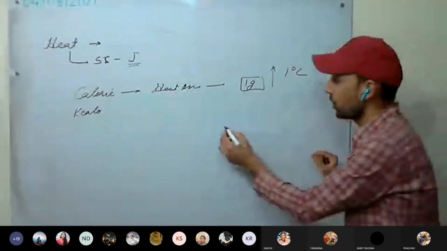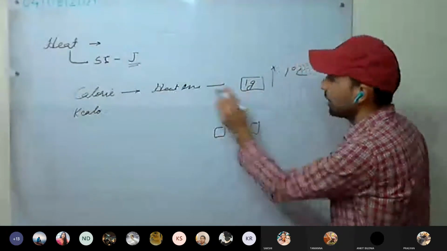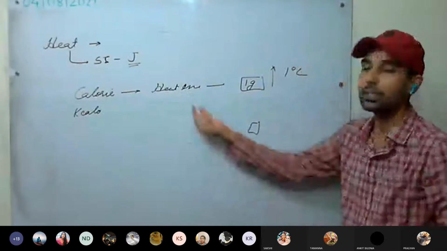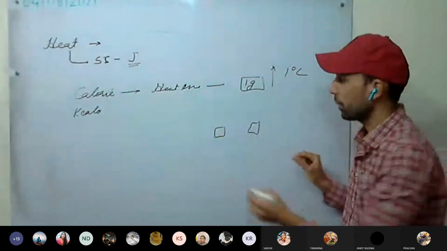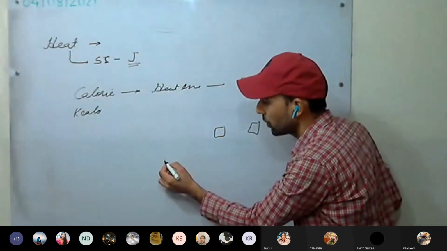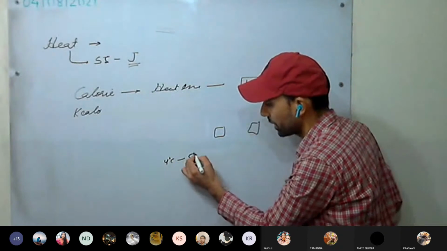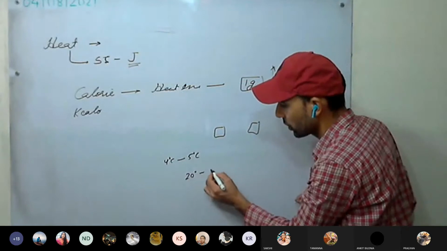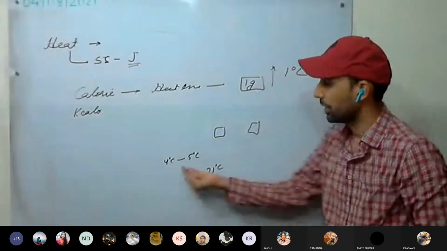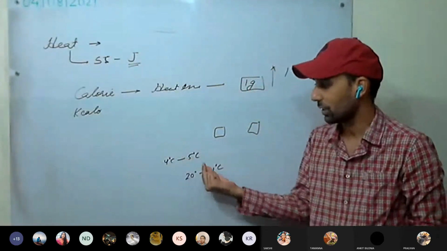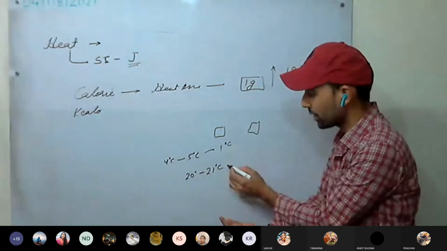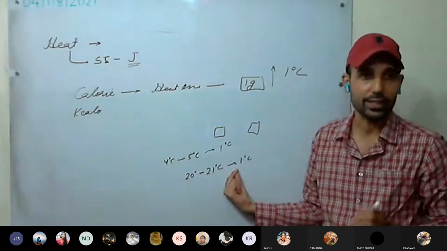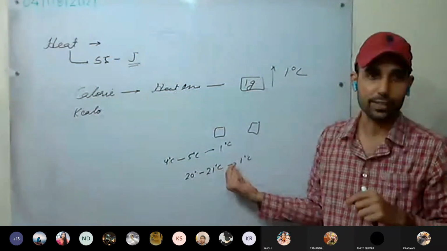But see here, for each degree Celsius rise in the temperature of 1 gram of water, the heat required is different. For example, raising the temperature from 4 degrees Celsius to 5 degrees Celsius, or from 20 degrees Celsius to 21 degrees Celsius, both are 1 degree Celsius rises, but the heat energy required is different.